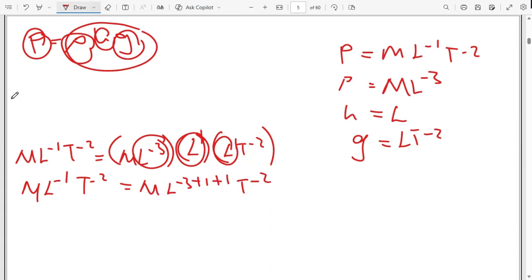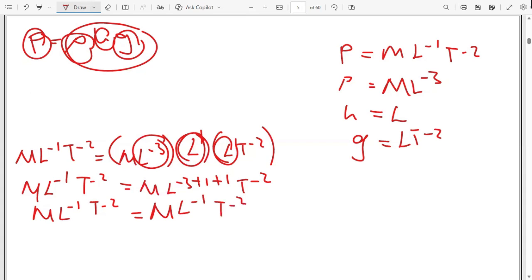We can now simplify our right-hand side and we're going to end up with M, then L, negative 3 plus 2, which is negative 1. So we're going to have L to the power minus 1, T to the power minus 2.